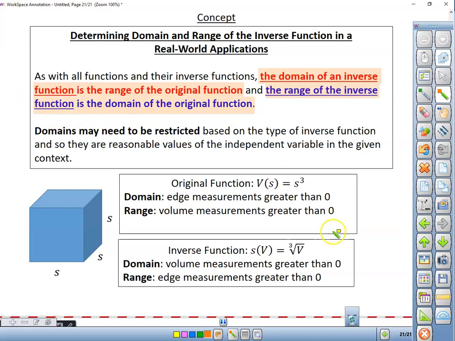So we have that switching situation. Sometimes our domains may have to be restricted, especially when we're working with square roots, and when we're working in context also, because we can't have negative measurements in many situations. Negative inches doesn't make sense, and things like that. Negative time doesn't make sense.